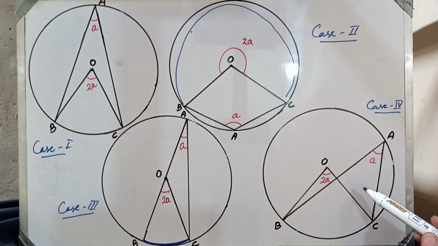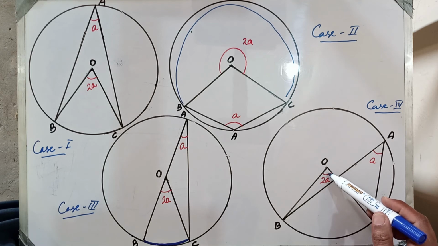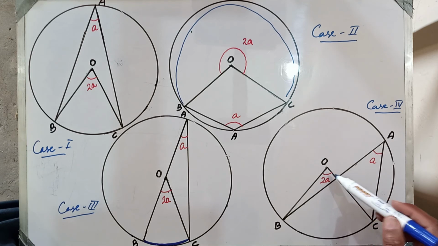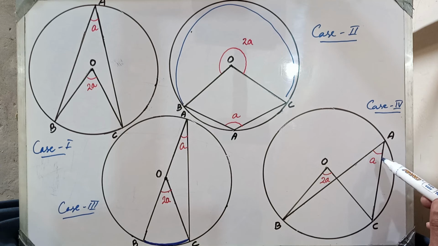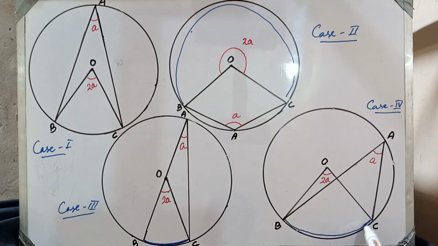Same in case 4, the angle at the center is twice the angle at the circumference. Both angles are subtended by the same arc, this one.